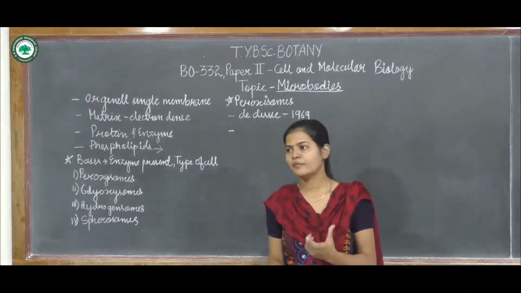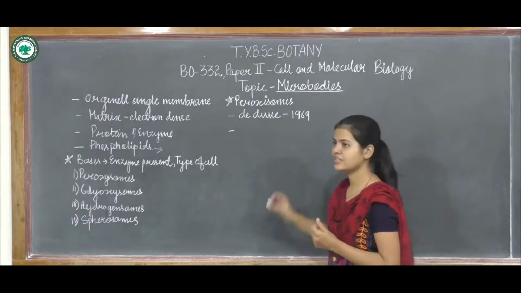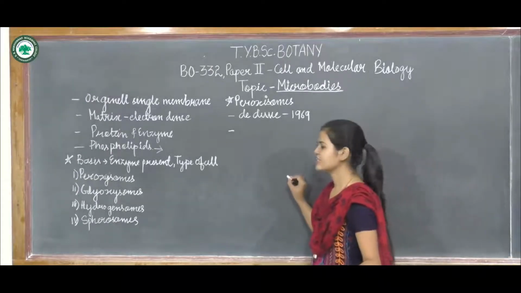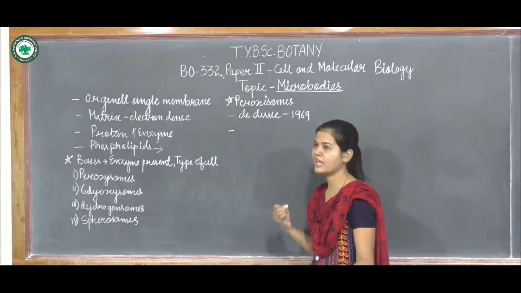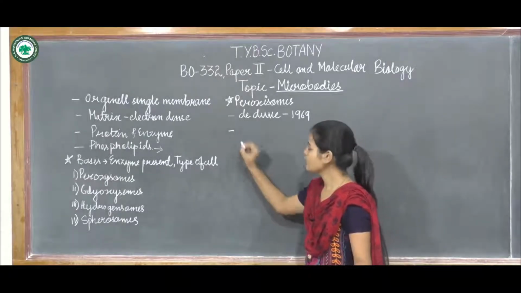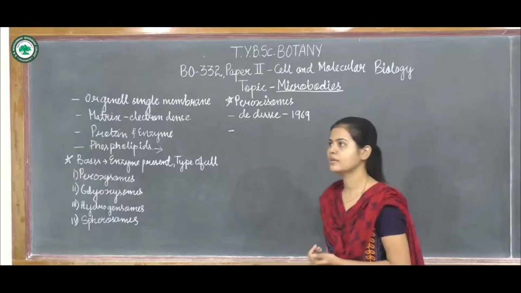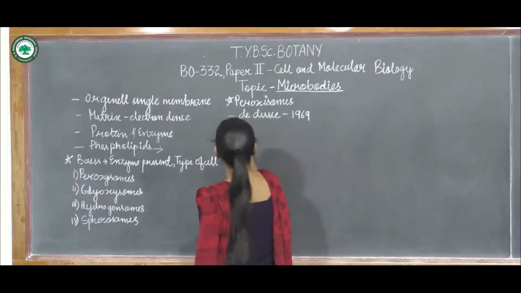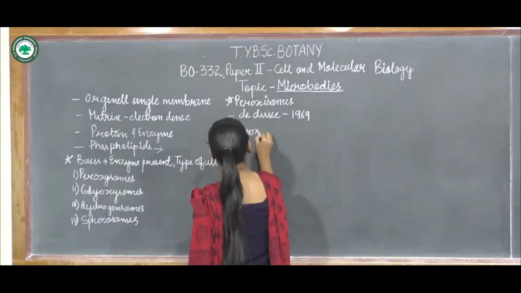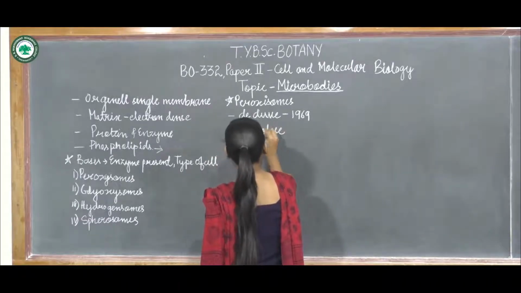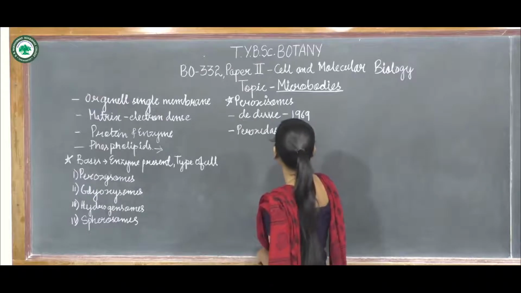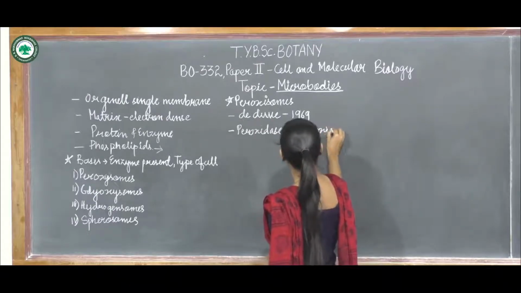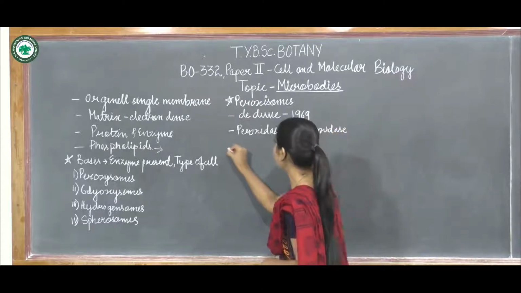They contain different enzymes. So these are spherical, round or oval structures consisting of different types of enzymes. The enzymes which are present in the peroxisomes are peroxidase, then urate oxidase, and there are many others.